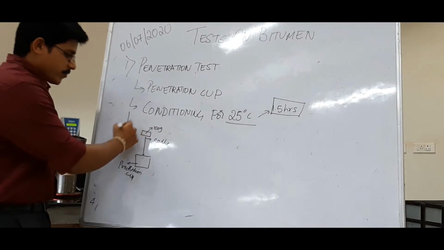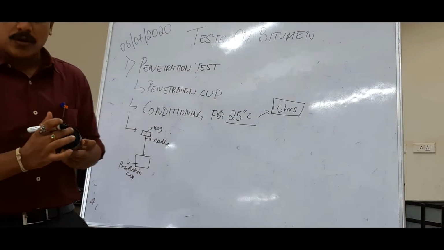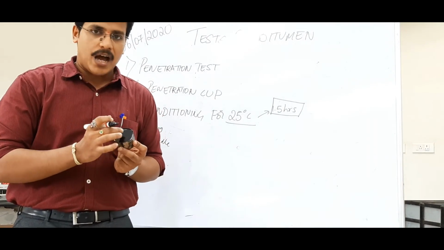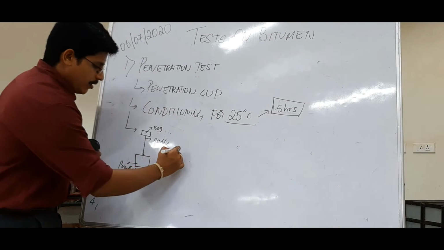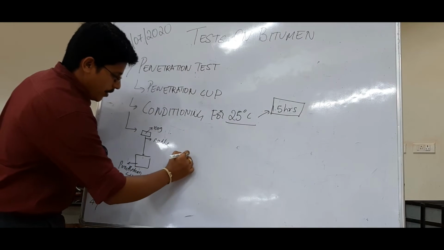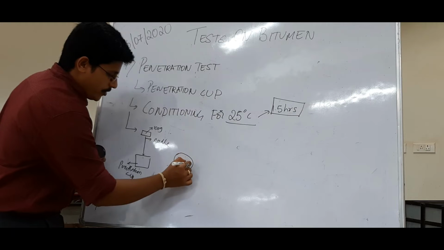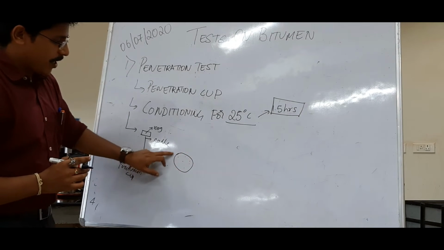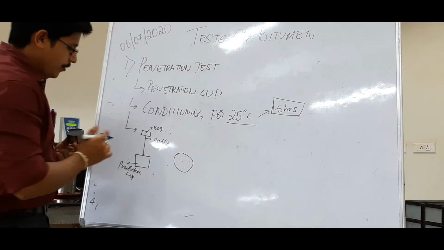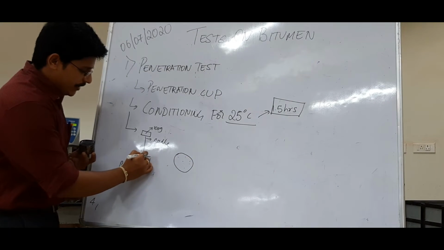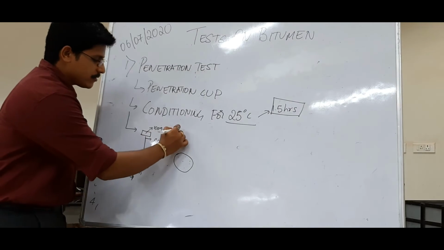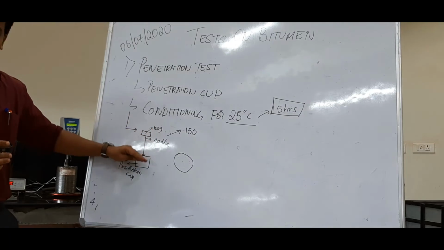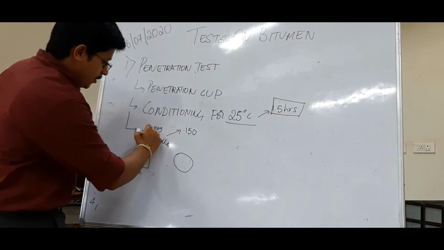On the given surface, you take the value at 5 different positions to take the final average value. Let's say we have this cup. We take around 5 points, then we take the penetration values and find the average. Initially, at this point, measure the initial value. Let's say this is 150. The needle penetrates, and there will be a change in the value.